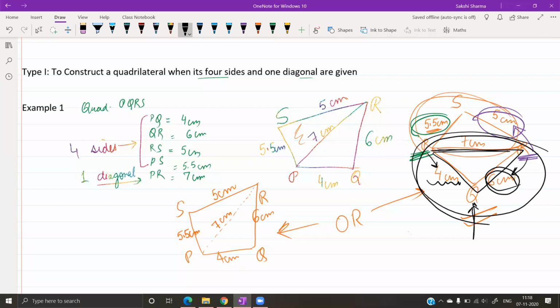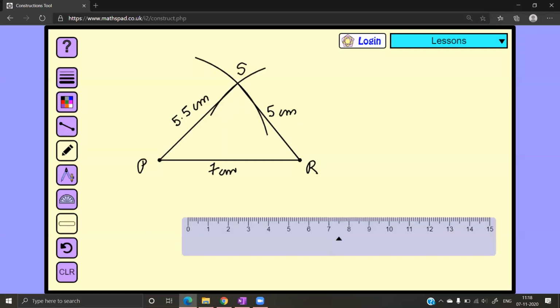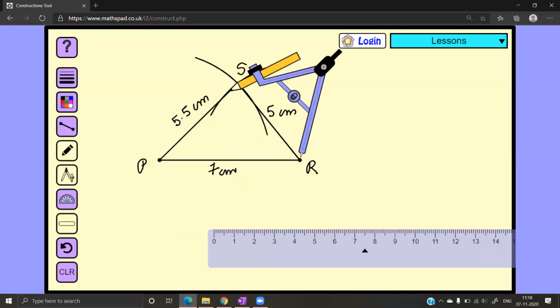And then you can complete the triangle below the diagonal. And that will give you your required quadrilateral. So from P, 4 centimeters. So I'm going to open the compass 4 centimeters in radius now.